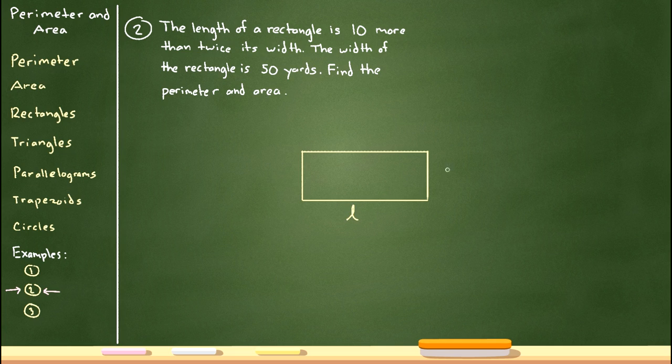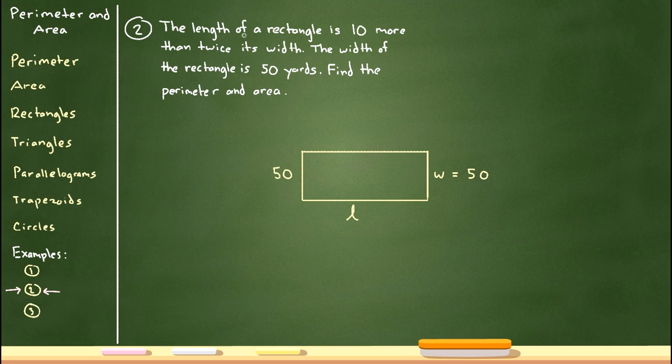Now we have the length and we have the width. So they tell us that the width of the rectangle is 50 yards, right? So they go ahead and give us this side here. Now this side is also the width, so I know this is 50 as well.